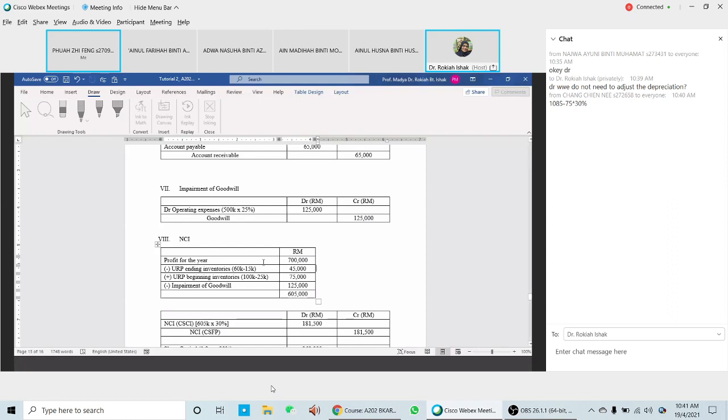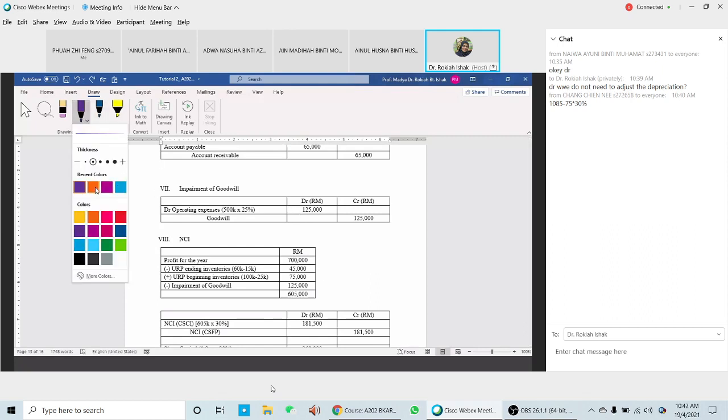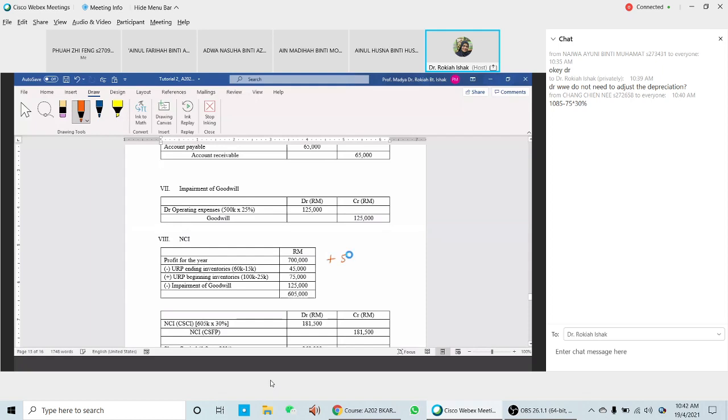So you mean you want to plus this one also. If you want to plus this one, we need to plus the amount, plus another 50. The 50 is already net after tax. This one is not yet net after tax, isn't it? Net of 50, you're going to minus 12.5.